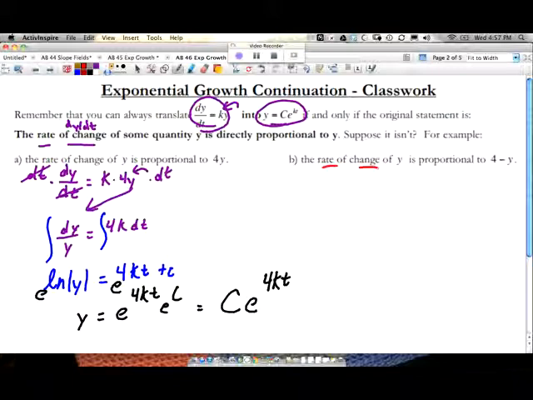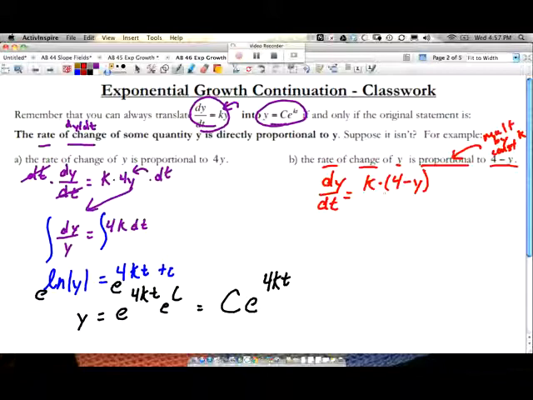What if it said the rate of change of y is proportional to 4 minus y? And so proportional means multiply by a constant, and in this case, we're using the letter k. So we would have the rate of change, dy/dt, is equal to k times, now this time, 4 minus y.